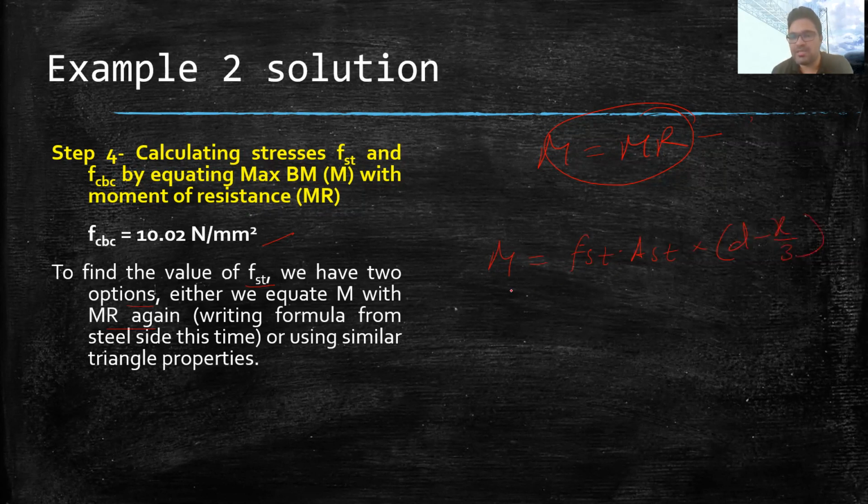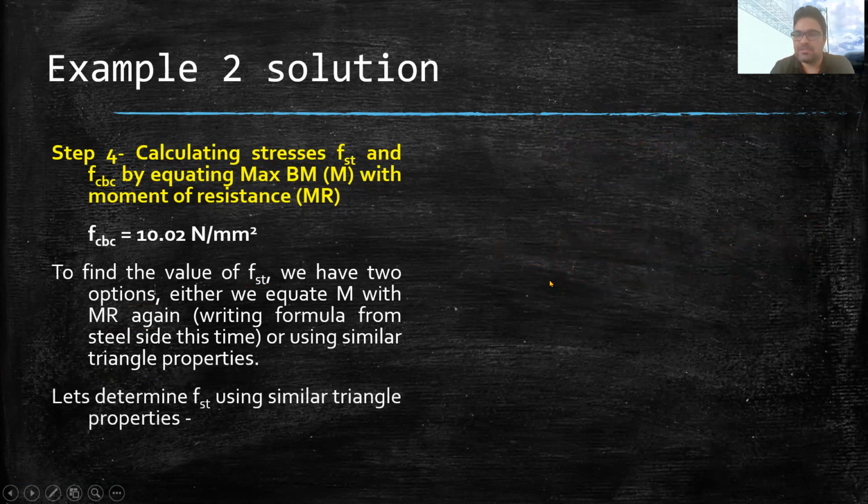So either we use this formula to get the value of FST, or we can use another way, the similar triangle property. I have already shown you how we can find out stresses from the first way. Now, from the second way, I will calculate the value of FST, which uses the similar triangle property.